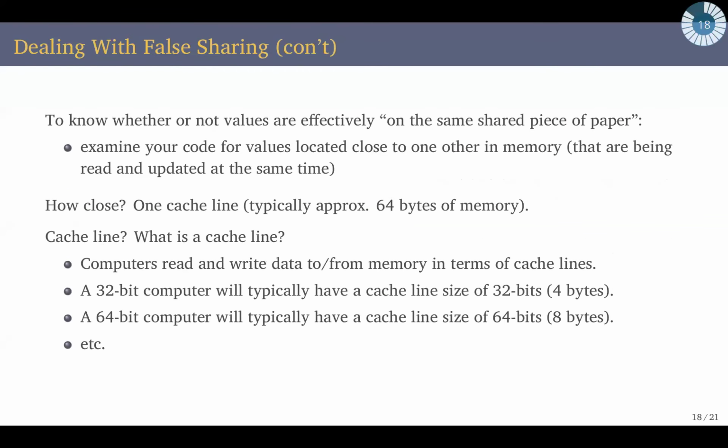Okay. So how do you know if you're on the same sheet of paper? Well, the easiest way to understand this is, you don't want to be on the same cache line. And people say, what the bleep is a cache line? Okay. When you get a computer, you probably know whether it is 32-bit or 64-bit or any number of bits. When you buy a computer, they like to advertise 64-bit or 32-bit.